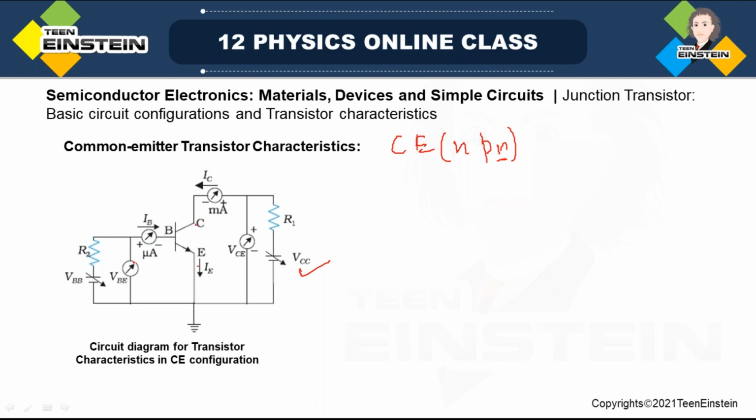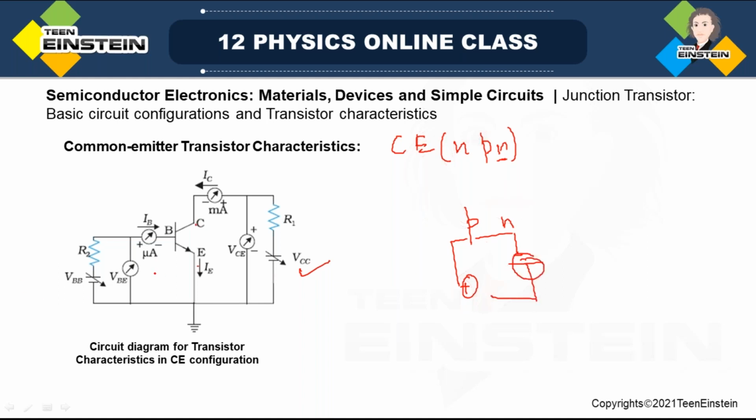When the P side is connected with the positive terminal of the battery and the N side with the negative terminal, then it is called forward bias.